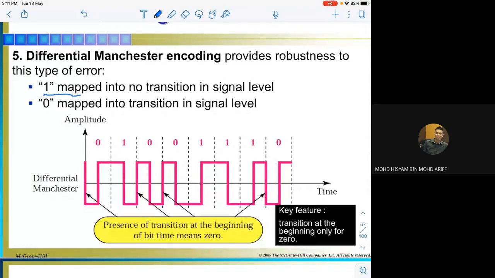One mapped into no transition, zero mapped into transition signal level. Okay, maksud dia apa? Cuba tengok apa different dia.